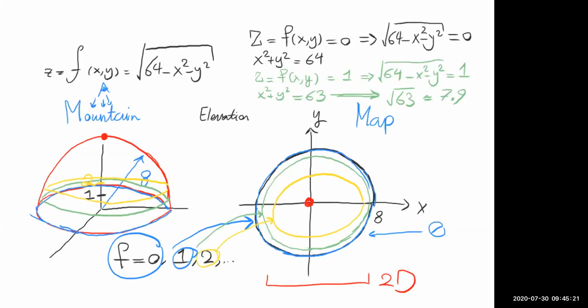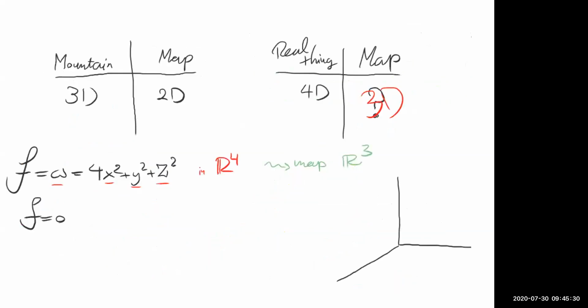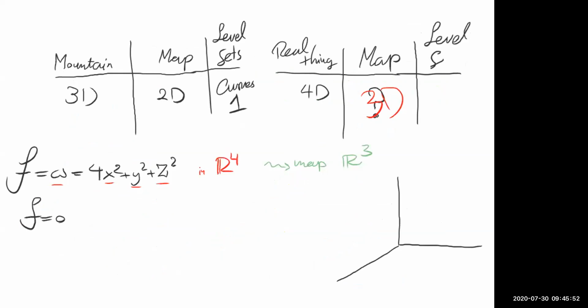So when my map is two-dimensional, these level sets are curves, which are one-dimensional. Now here that my map is three-dimensional, these level sets are two-dimensional. They are not curves anymore.